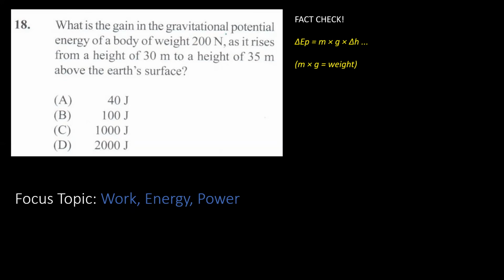The weight, which is 200 newtons, would be equal to the mass times the gravitational field strength. So we multiply 200 newtons by 5 meters, which would be the change in height, and that gives us 1,000 joules.